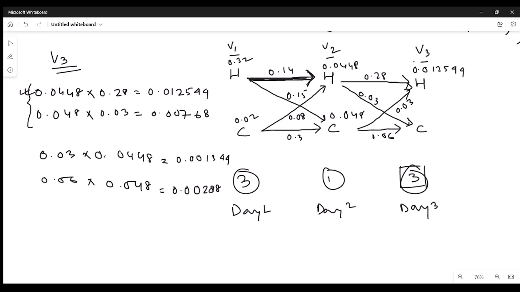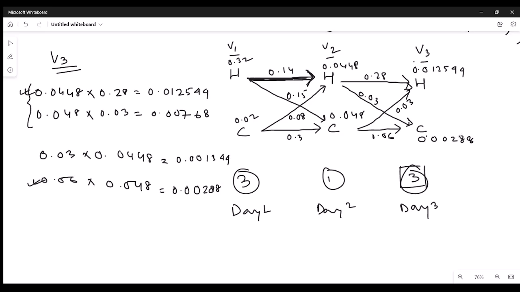Now from these two values, we will be considering this one, and we will write it on the Viterbi. Now we have calculated all the posterior probabilities of these Viterbis.